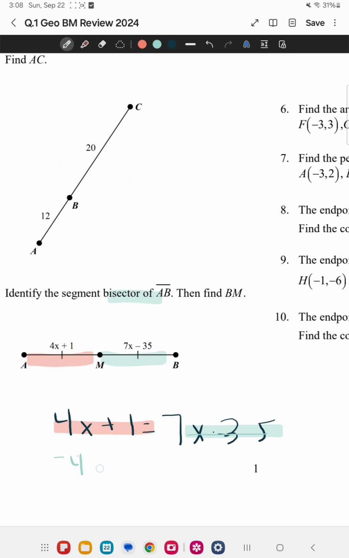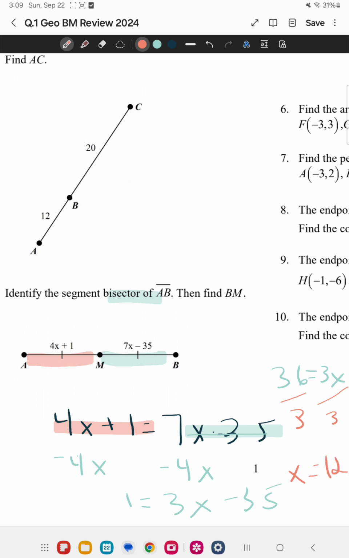So I'm going to do minus 4x, and so I get 1 equals 3x minus 35, and then I do plus 35 on both sides, and so I get 36 equals 3x. Then we are going to divide both sides by 3, and I get x equals 12.